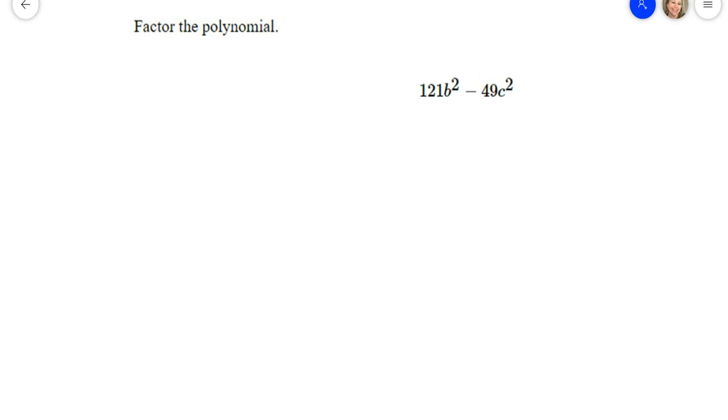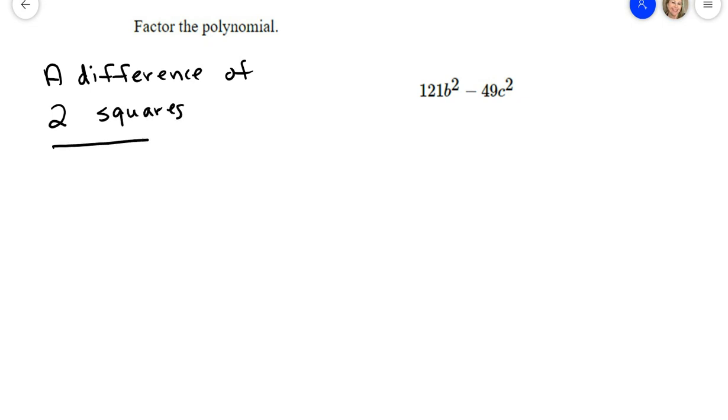It is actually what they call a difference of two squares. A difference of two squares. And it helps to know your perfect squares.